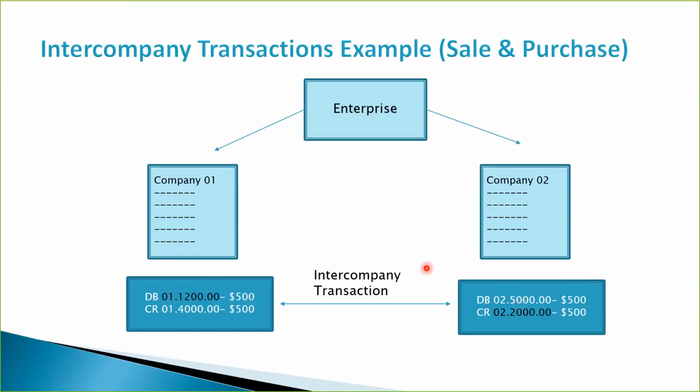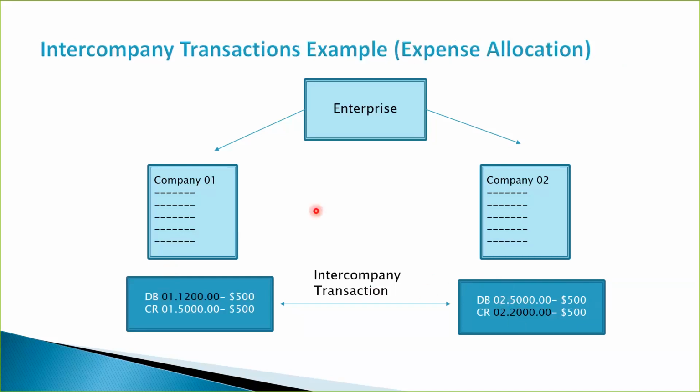So we are debiting the receivables account here and crediting the payables account here. In the expense allocation transaction, we are also debiting receivables and crediting payables. Again, in this transaction for borrowing and lending, we are debiting receivables and crediting payables, okay?